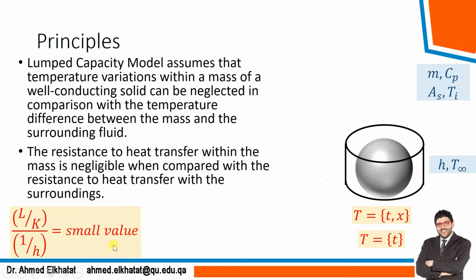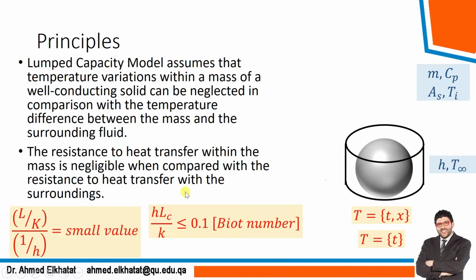very small. We can rearrange this ratio so that it is H L over K, and we call it the Biot number. So H Lc over K should have a very small value, and they set 0.1 as the value, or less than this.